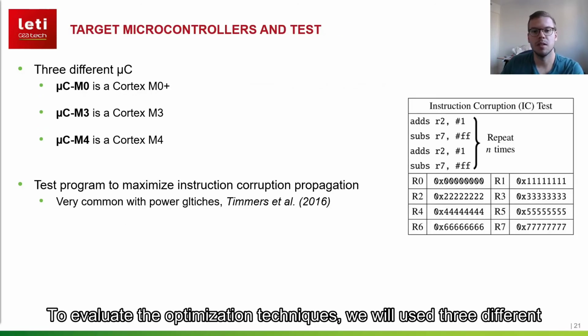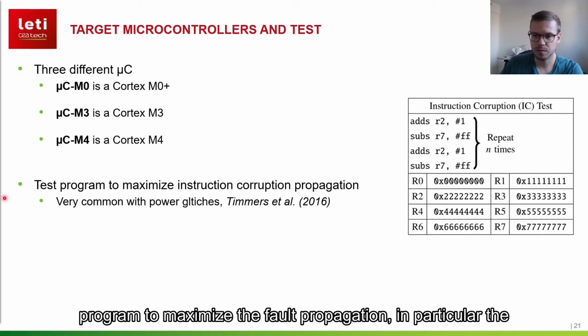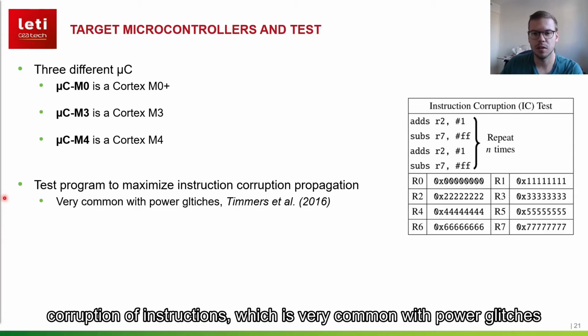To evaluate the optimization techniques, we will use three different microcontrollers, one Cortex M0, one M3, and one M4. We will use this test program to maximize the fault propagation, in particular the corruption of instructions, which is very common with power glitches.